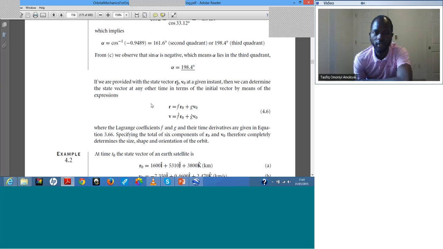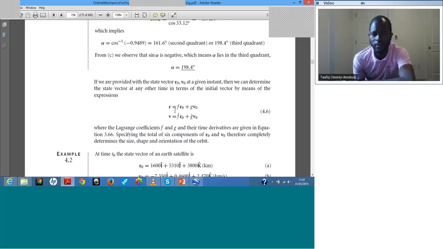So if we are provided with the state vector at some point, R0, V0 at a given instant, then we can determine the state vector at any other time in terms of the initial vector by means of the expressions R equals F R0 plus G V0, V equals F dot R0 plus G dot V0.